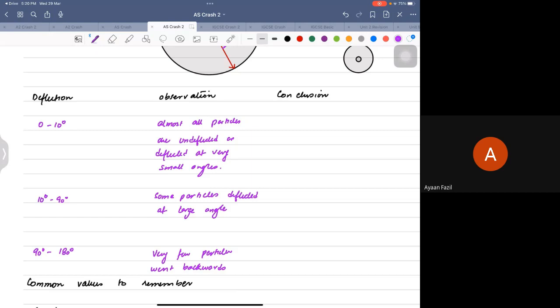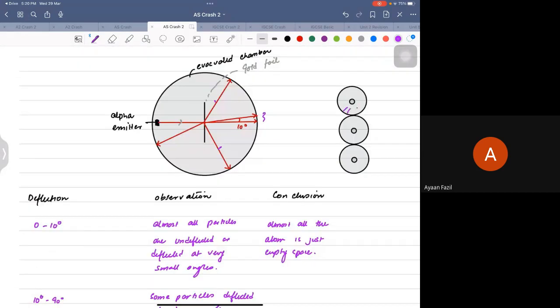Anyway, those that went completely straight mean that the conclusion is that almost all of the atom is just empty space, which means the atom has nothing here.